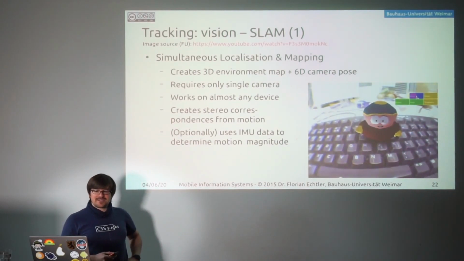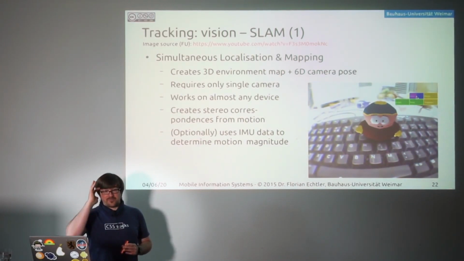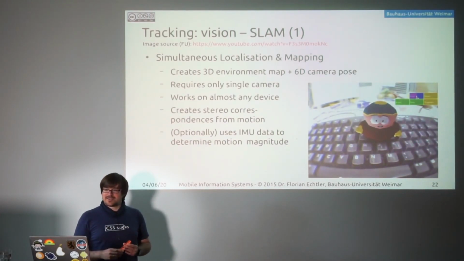This does require quite a bit of processing power, so you need a somewhat recent device for this, but for example, this ARCore framework from Google or ARKit from Apple, they both basically use this approach to create this environment map and location of your device at the same time.